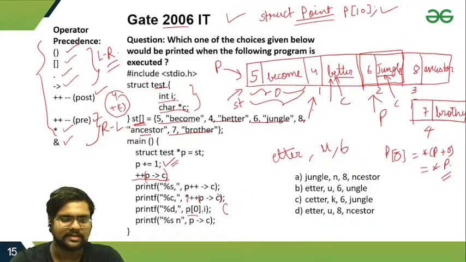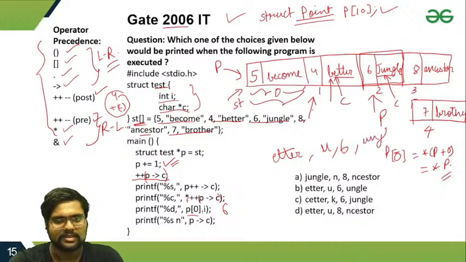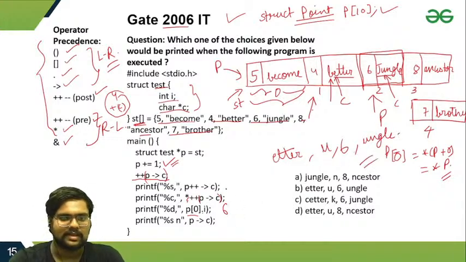Then we have p arrow c, and c is pointing to this, so that will be printed. So here we have ether, then u, then 6, and here we have this.